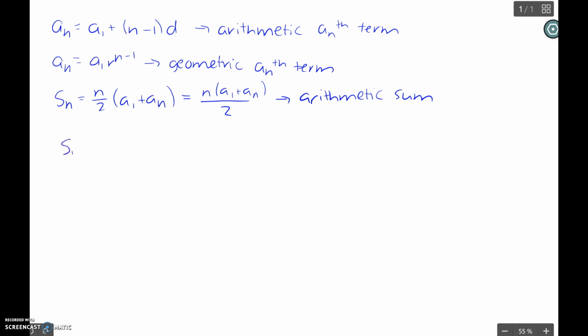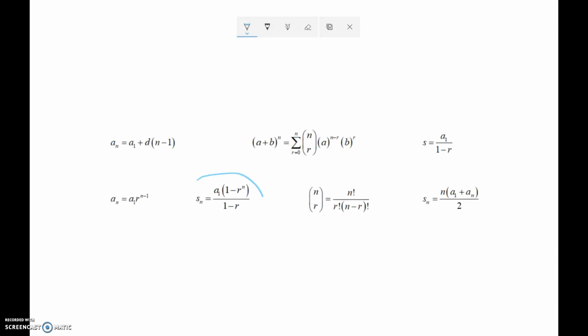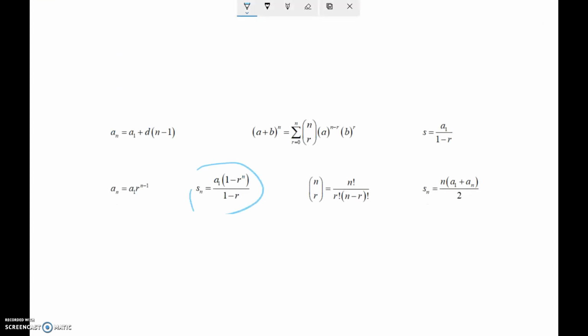You also have a times (1 minus r to the n) over (1 minus r), and let me look at how that one's written. So you can see that one's written a little bit differently.